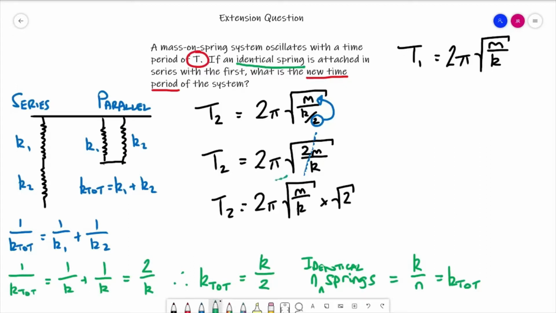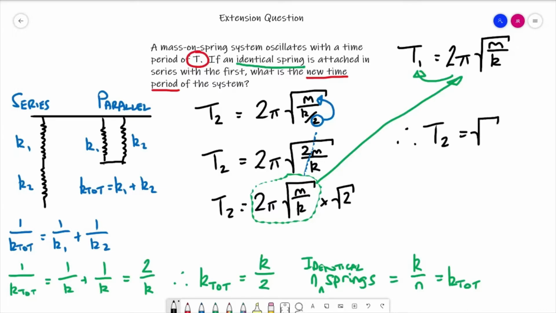Now at this point we note that here we have 2 pi root m over k, which we've already defined up here as being T1. Therefore we can write our final answer as T2 is equal to the square root of 2 multiplied by T1. In other words, if we add a second identical spring, we're multiplying the original time period by the square root of 2, so multiplied by 1.41.